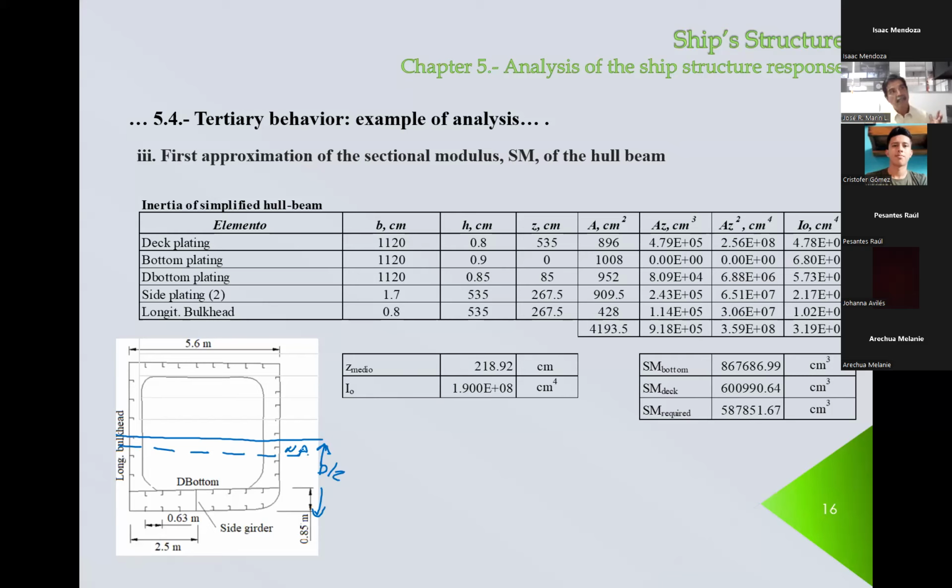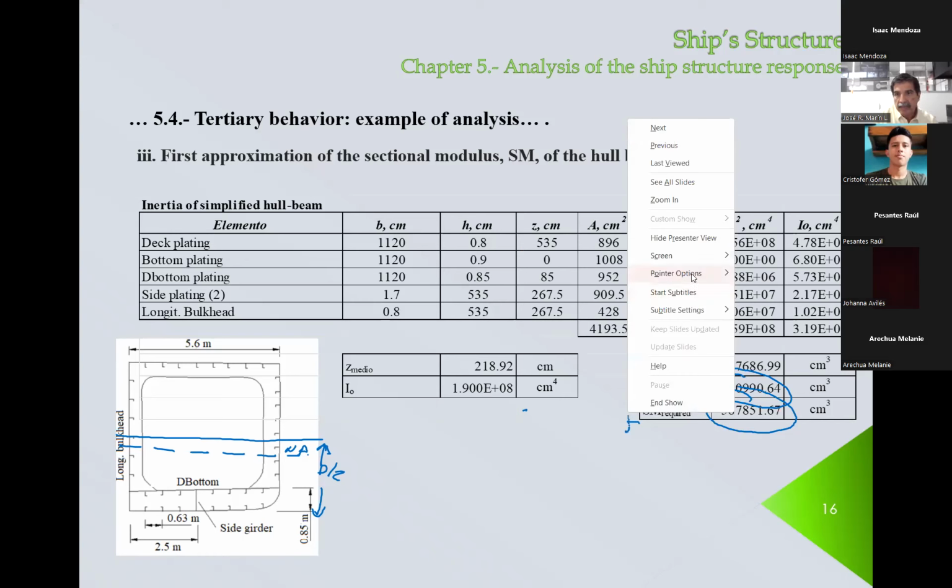It makes sense because you have more material in the bottom than in the deck. And from that point, you can expect that the section modulus in the deck is lower than in the bottom because the distance is larger.